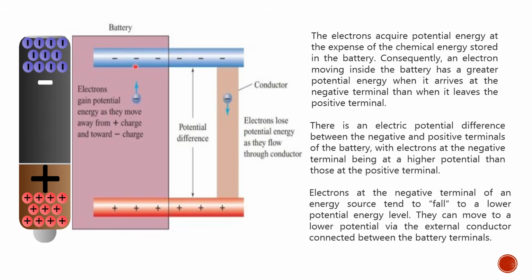If we connect a conductor to it, the potential difference now is working to let the electrons lose potential energy. So they go from high potential energy to low potential energy. The flow of charge through this conductor is what we call electric current.